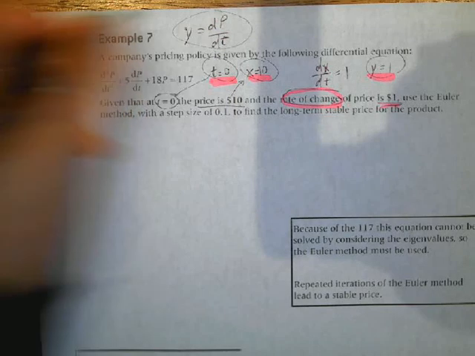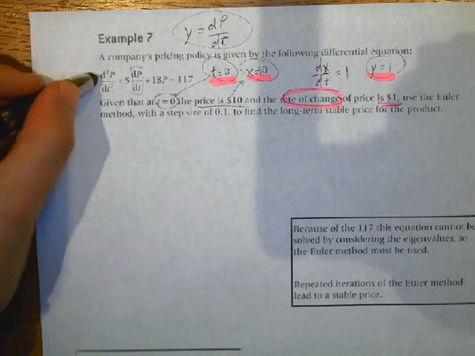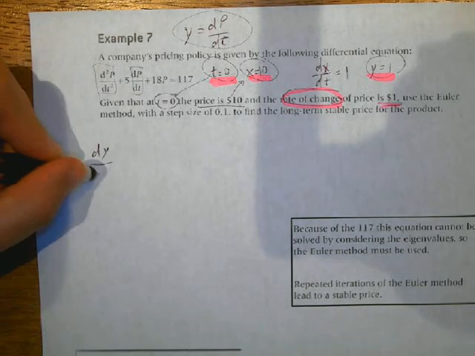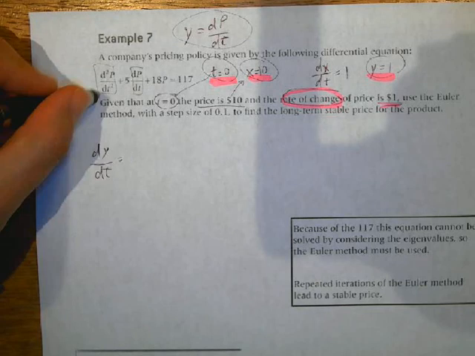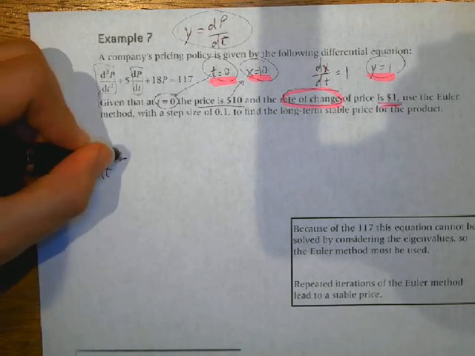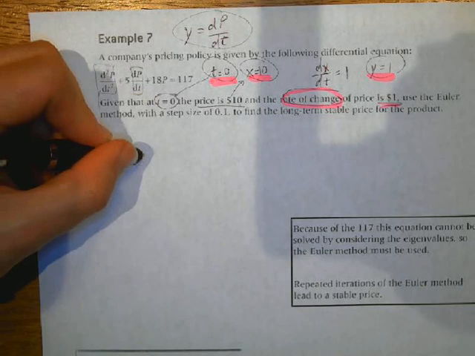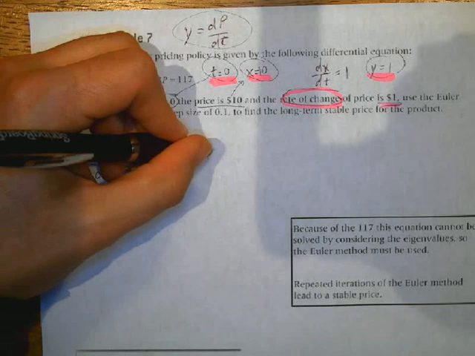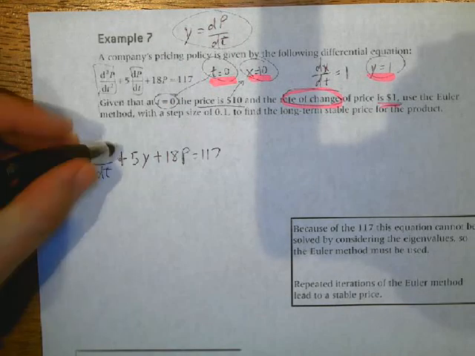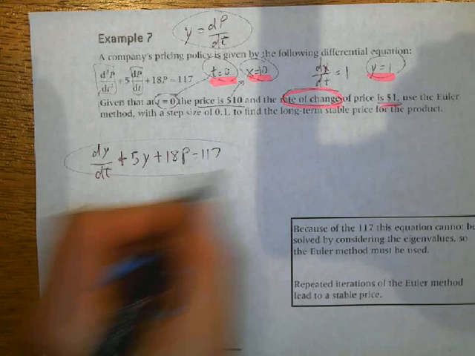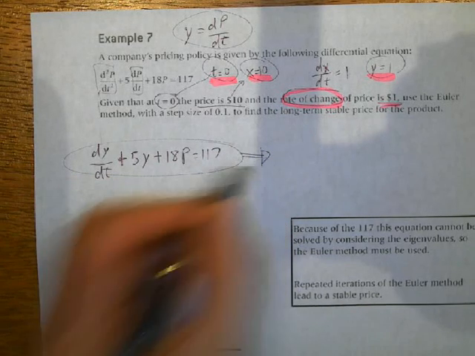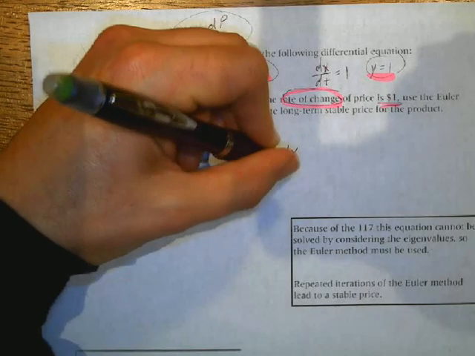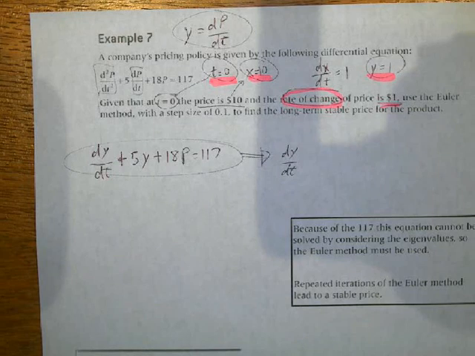Okay, and so using that substitution right there and right here, I'm going to end up with dy/dt, replacing that with that, plus 5y plus 18p equals 117. Okay, so now I'm going to rearrange this and solve for dy/dt.